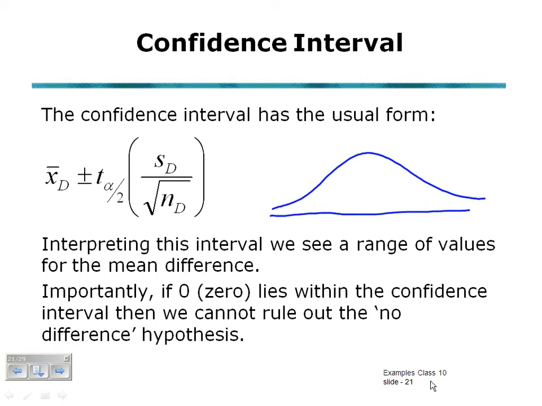Now, in our example, we had used an alpha value of 0.05, and it was a one-sided test. So 0.05 at the top end of our distribution gave us a critical t value of 1.833. Now, a confidence interval must be a symmetrical confidence interval.